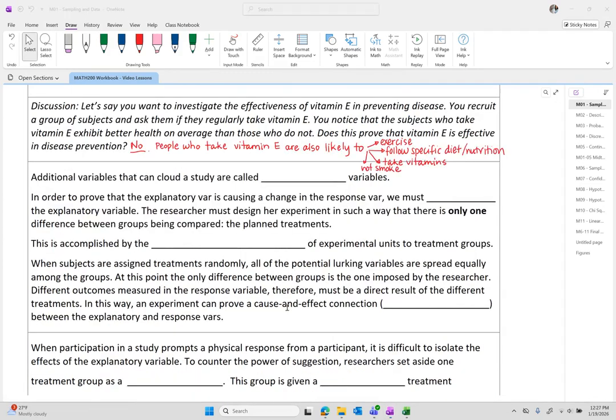The answer is that this is not true. People who take vitamin E are also very likely to exercise or to follow a specific diet, be aware of better nutrition practices, take vitamins, maybe not smoke. These are contributing variables in good health, and you also need to check whether those variables are present and if they influence the health of the subjects.